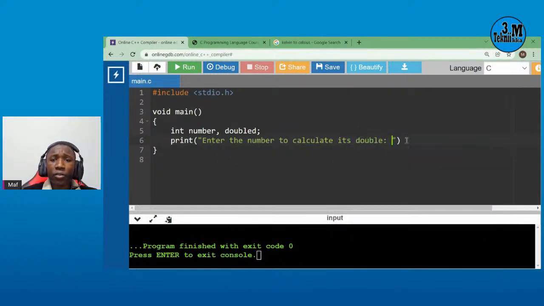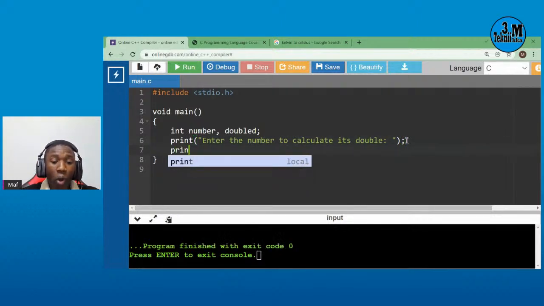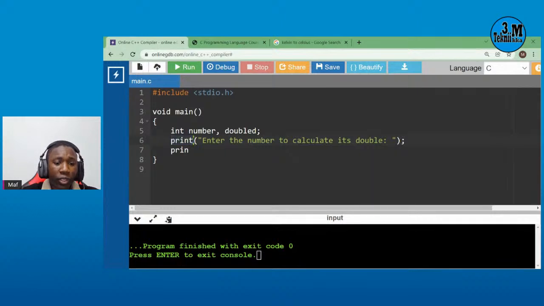And then the user is going to enter the number using your algorithm, the sequence. First you printf, then you scanf the number. This is an integer. Since this is an integer, we need %d, that could be an %i or a %d.